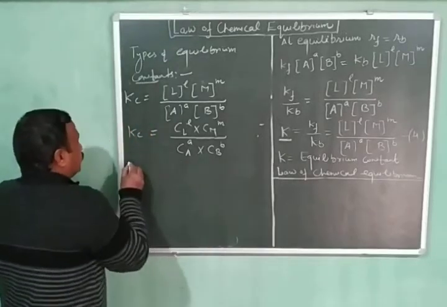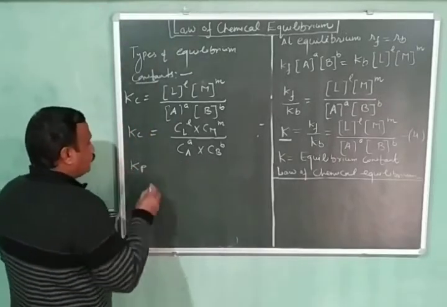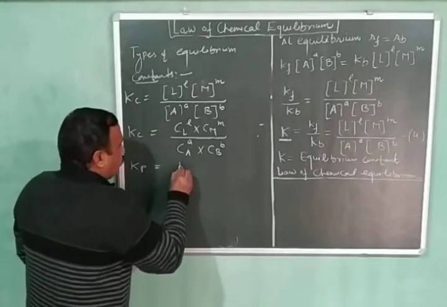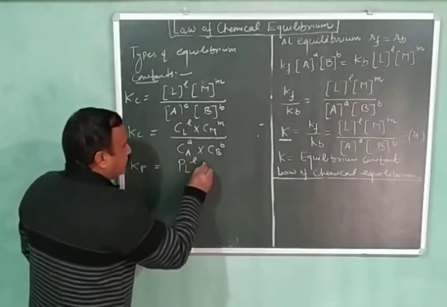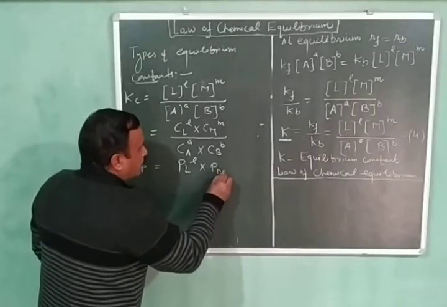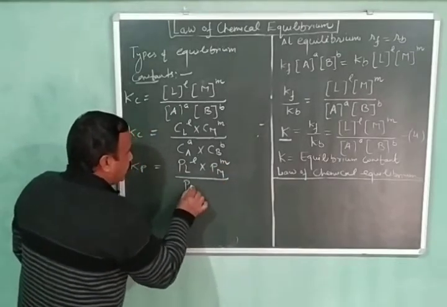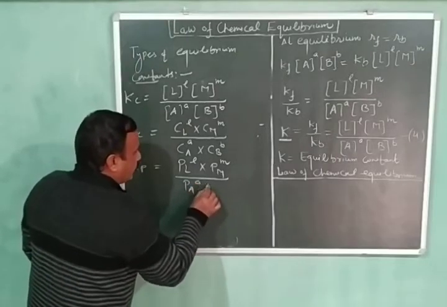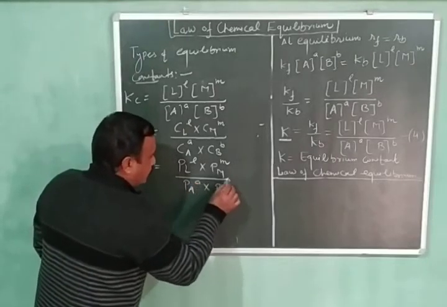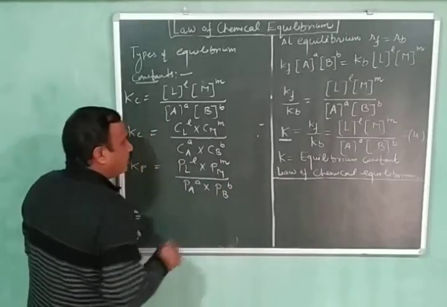Then Kp will be equal to Pl raised to power l into Pm raised to power m, divided by Pa raised to power a and Pb raised to power b.